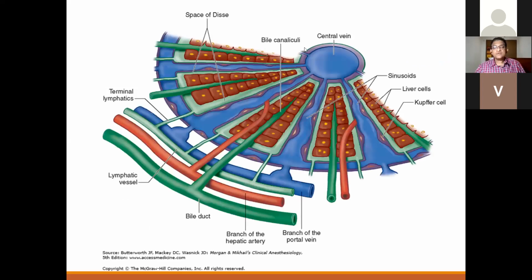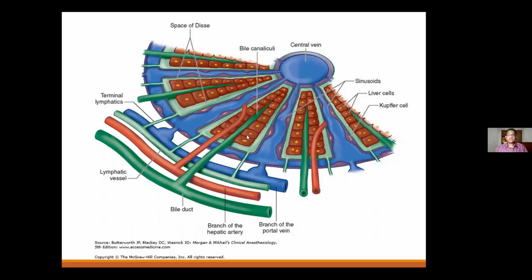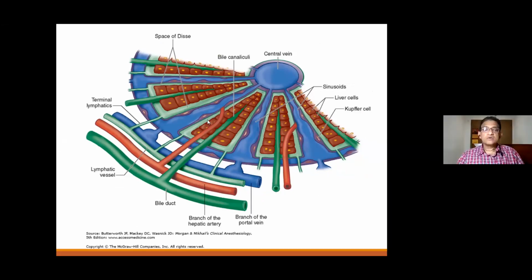To start with, I would like to introduce this liver histology slide. This basic liver lobule consists of the central vein, and these are the hepatocytes. On one side, they are lined by the sinusoid, and on the other side, they are lined by the bile canaliculi here, which then join the small bile ducts, the large bile ducts, and the hepatic duct.